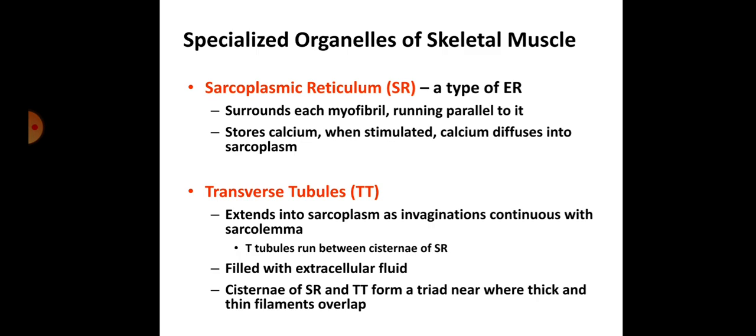T tubules are filled with extracellular fluid. Cisternae of the sarcoplasmic reticulum and T tubules form a triad near where thick and thin muscle filaments overlap, which will be shown in the next figure.